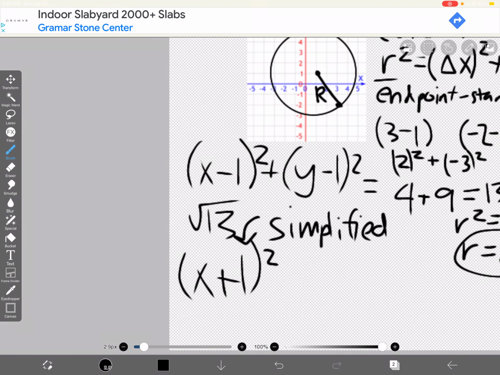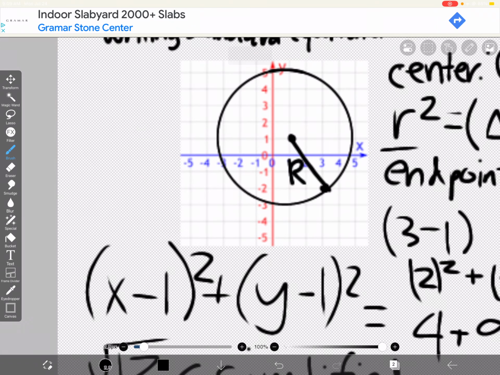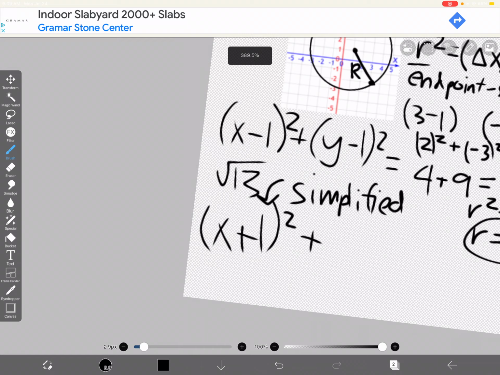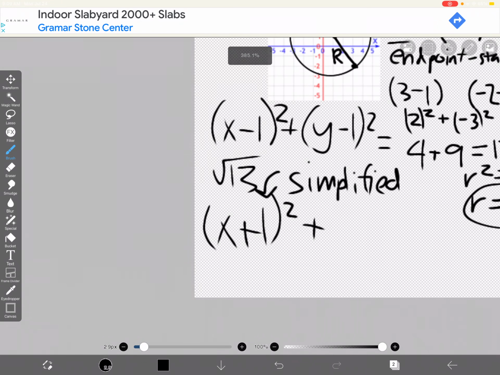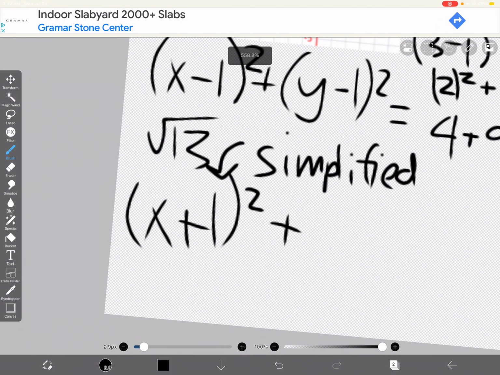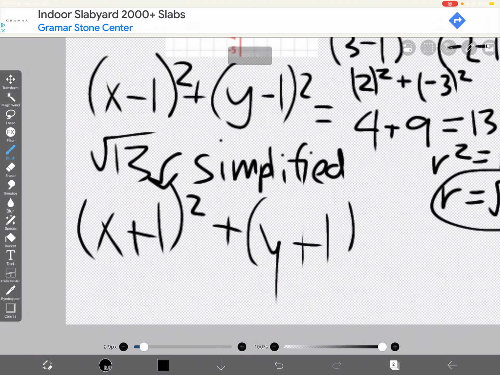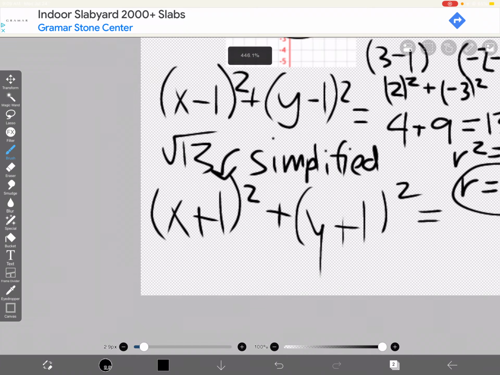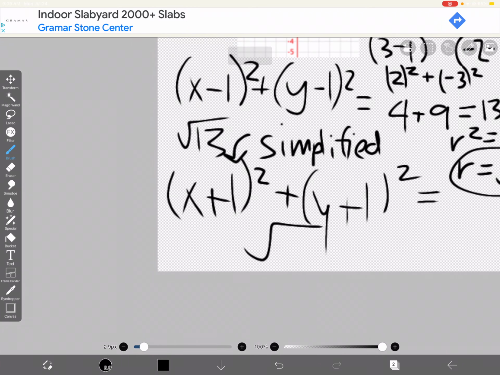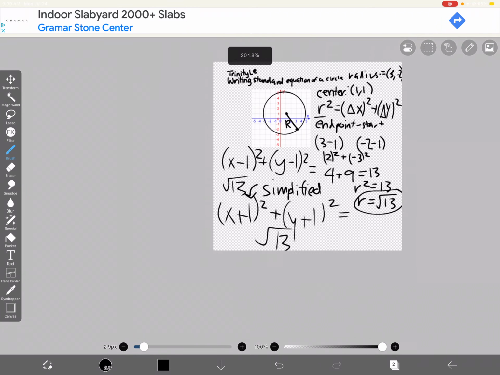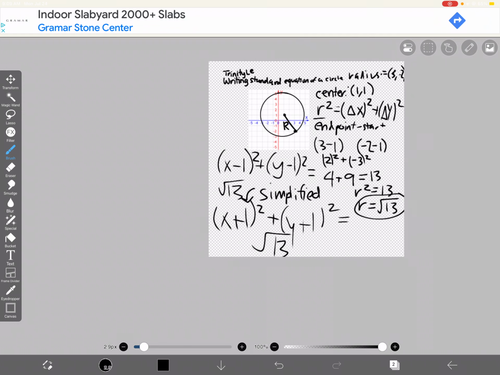It's just basically the same thing as earlier, but the non-subtracted version. So x plus 1, y plus 1 squared equals radical 13. And this is how you find a standard equation of a circle.